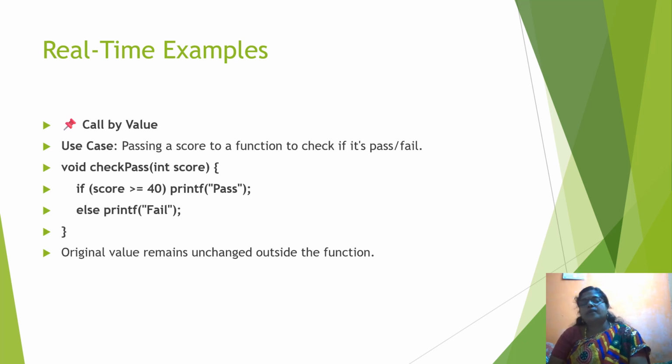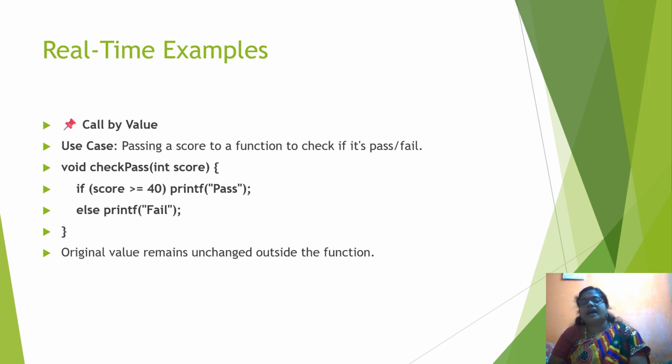Next one is call by value. The use case of this one is passing a score to a function to check if it's pass or fail. void checkPass with parameter integer score. We check if score is greater than or equal to 40, printf pass, else printf fail.